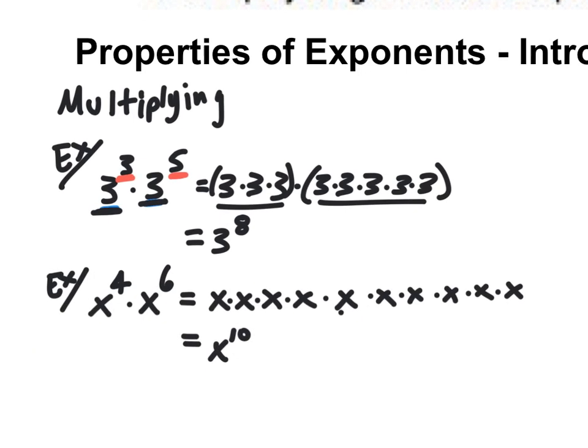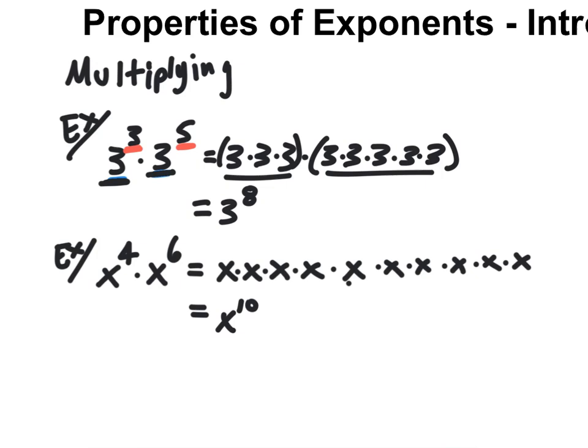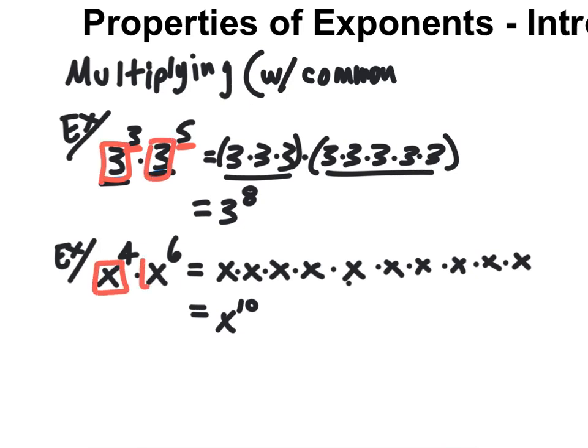So the rule of thumb is that when you multiply numbers with a common base, and by common base I'm talking about the 3 here and the x here, that means you add your exponents.